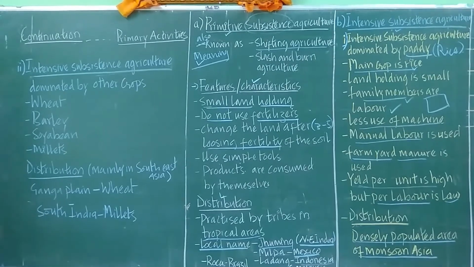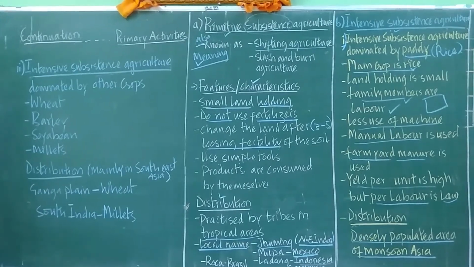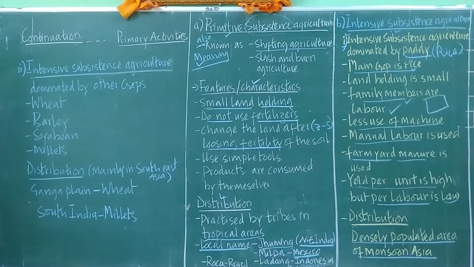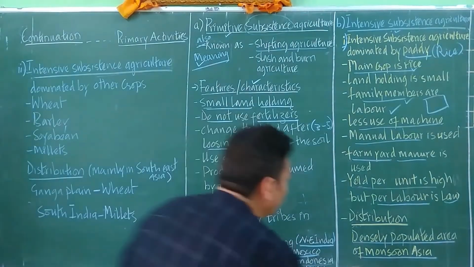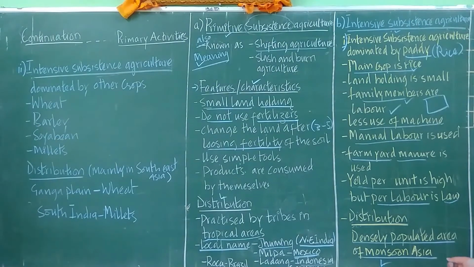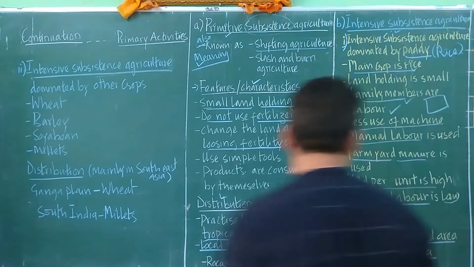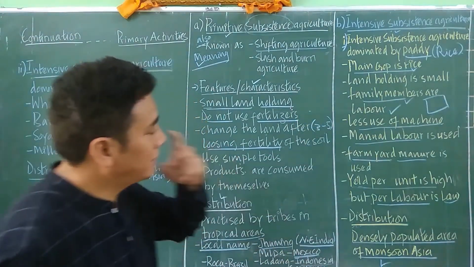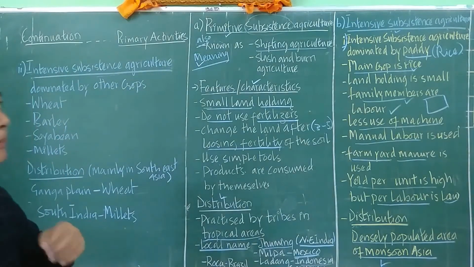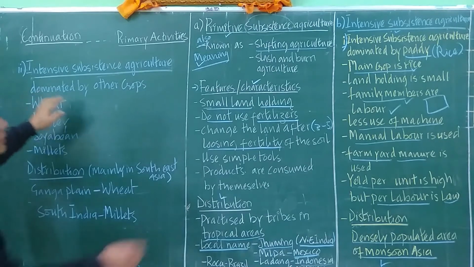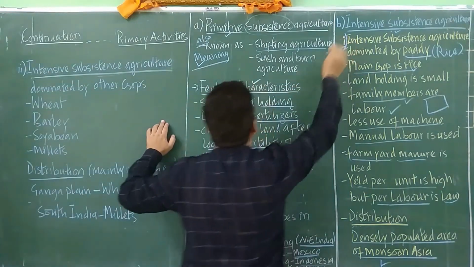The monsoon areas are India, Bangladesh, and the neighboring countries. So these areas practice intensive subsistence agriculture dominated by rice or paddy.